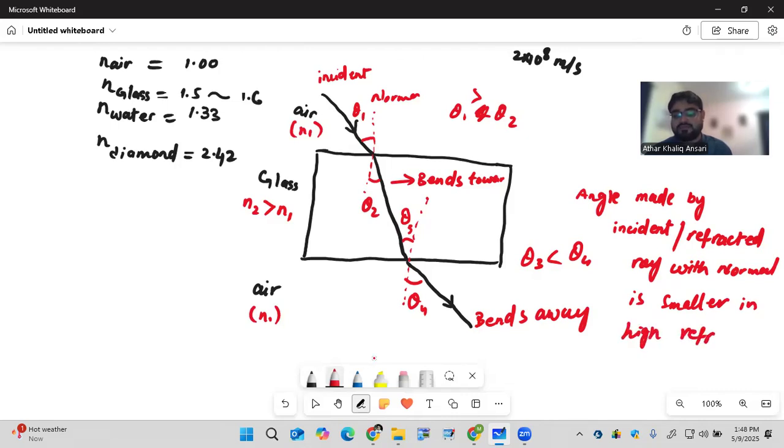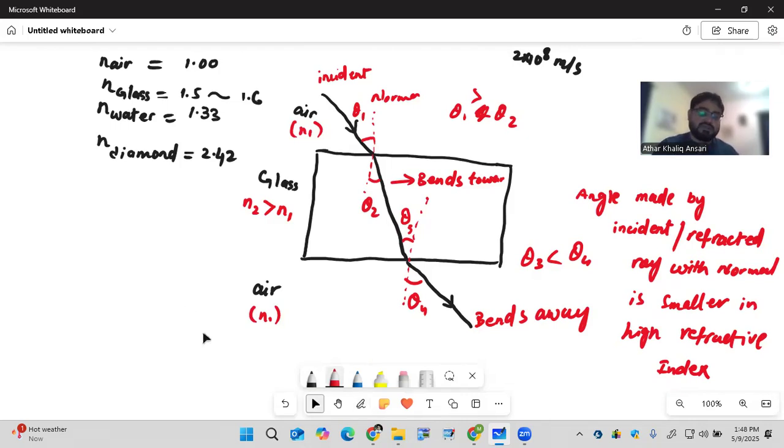Whenever you say the glass is the high refractive index medium, the angle, either incident or refracted, which is inside the glass, will be smaller.